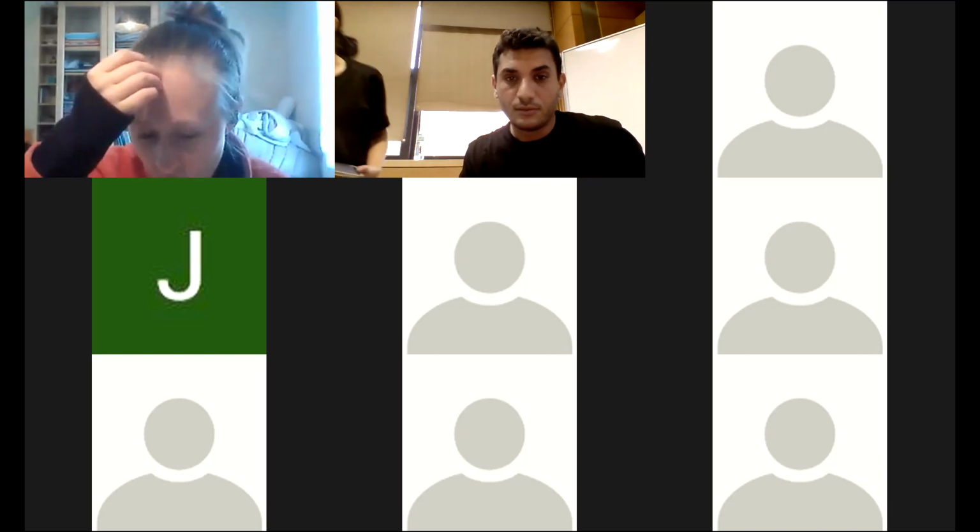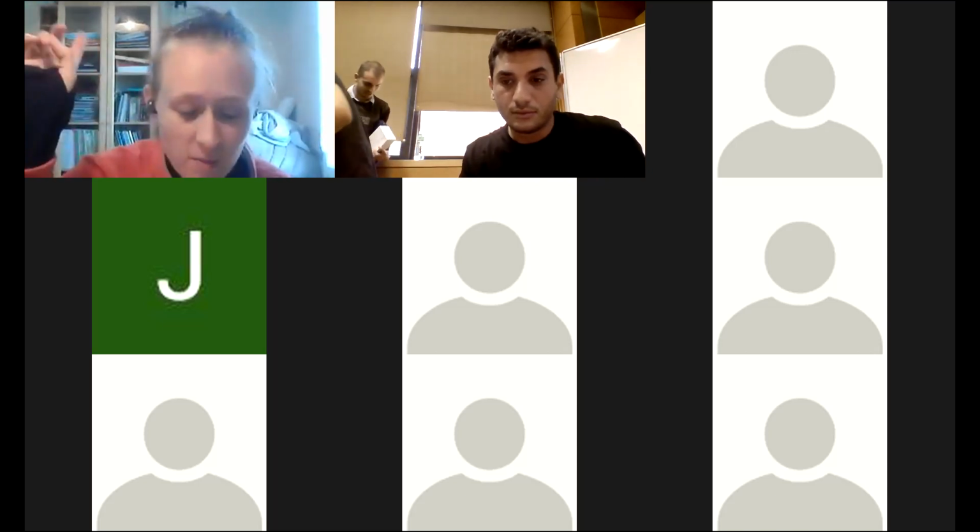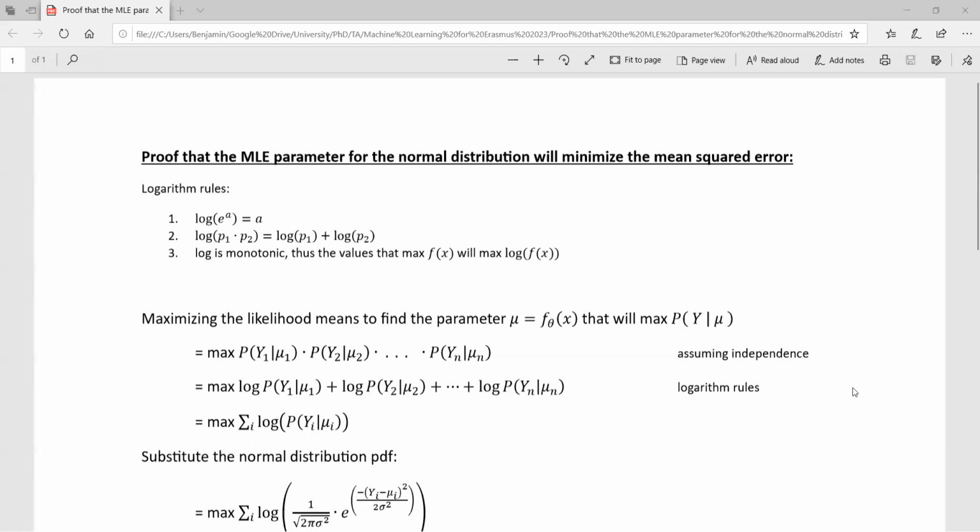I still don't understand what you mean by maximum likelihood error. Oh, okay. I'll say it in words, but worst case scenario, if you don't understand, we'll write it down. The maximum likelihood estimator means that this probability distribution needs some parameters, right?